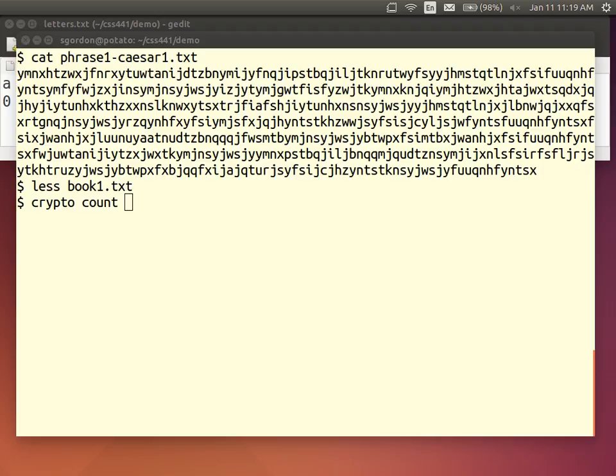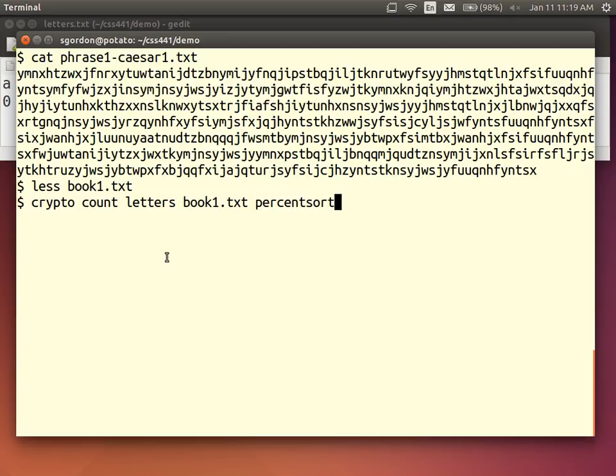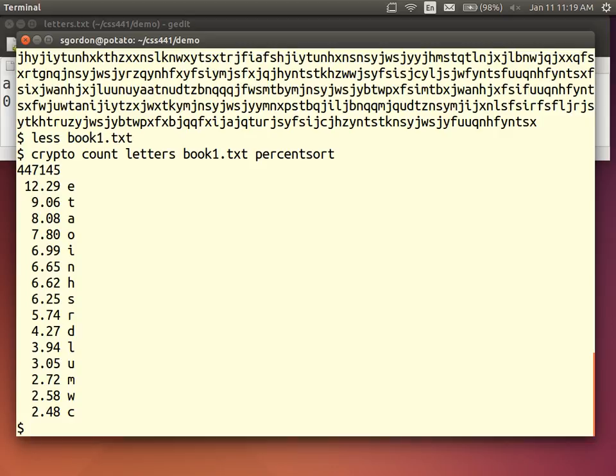Let's count the letters in our book and sort by the percent. It tells me that of all the letters in that book, ignoring the punctuation and spaces, the most frequent letter is E. It occurs about 12% of the time.